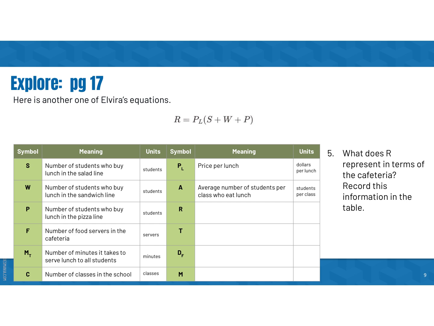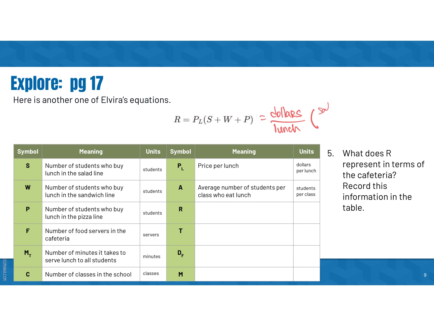All right, so let's put the units in there. We have P of L. Notice on the table we have P of L, that is price per lunch, so it's dollars per lunch. I'm just going to put the units in there. So I'm going to say dollars per lunch. And it's going to be multiplied by the students.